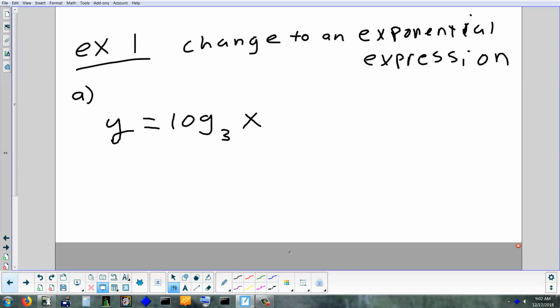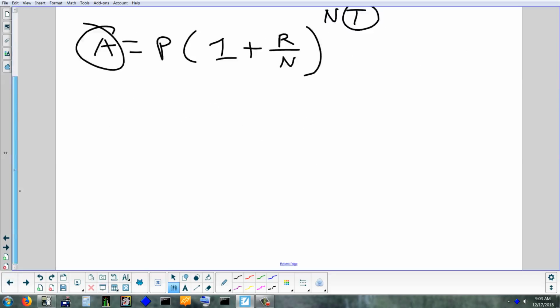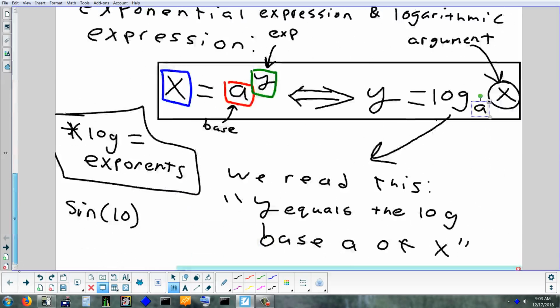First, I just want to read that. Can somebody just read what example 1a says? Y equals log to the third. I'm not really sure. Let's go back to look at how I said to pronounce it.